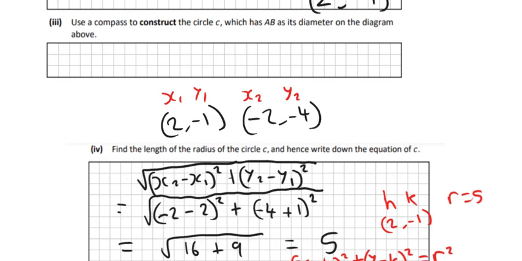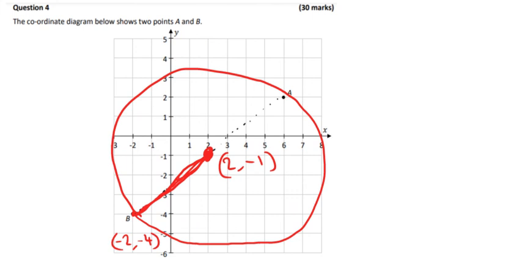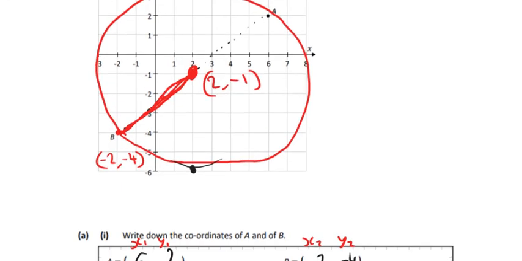It has to be one of those. So (2, -6) would be down here. So that would be on the circle, it's just I didn't draw it very well. And (2, 4) is up there, so that would be on the circle as well. I just didn't draw the circle very well.